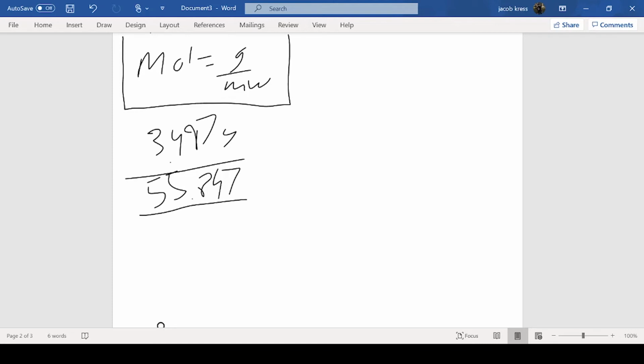Again, remember your molecular weight is always just going to be on your periodic table. It's the biggest cheat sheet you're going to have in chemistry that's given to you with every chemistry exam. So if we do this, we end up with 0.06262 moles.